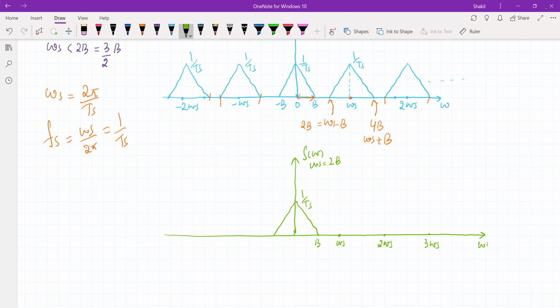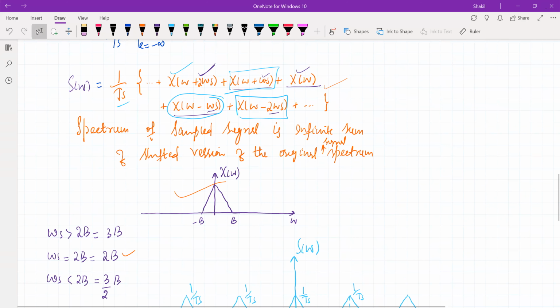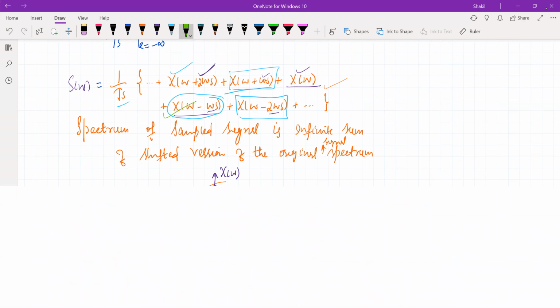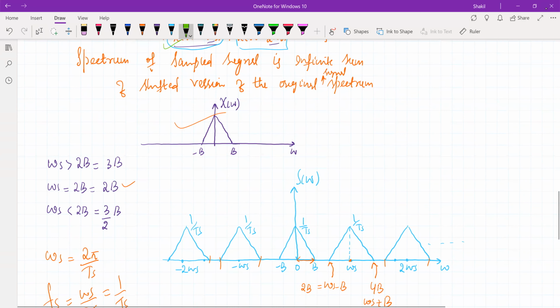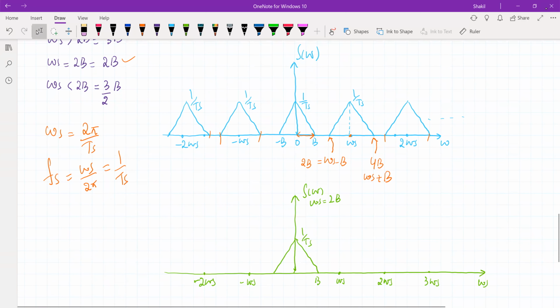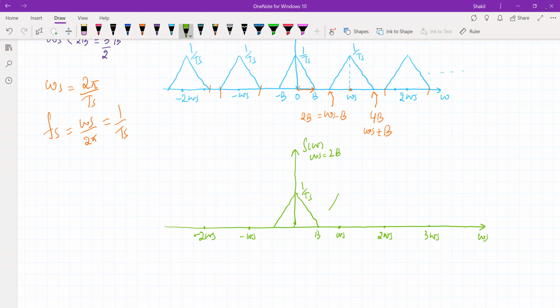So this is our omega axis, and this is minus omega s, and this is minus twice omega s, and so on. Now to draw this part, when omega s is 2B, this is the shifted version of simply this. So this will look like this.